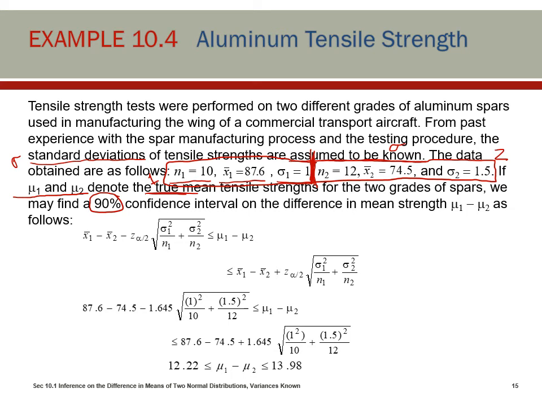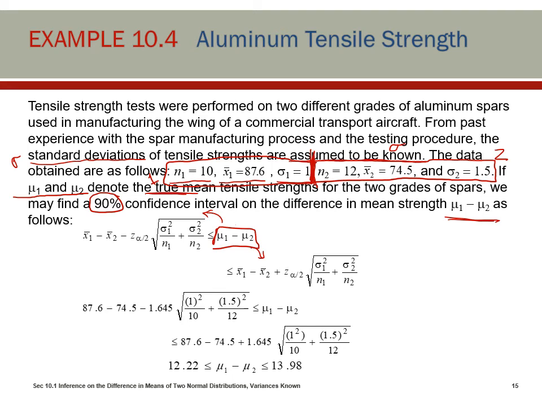So what's the difference between these two spar manufacturing processes? Mu1 minus mu2, and that is what is going to go in the center of this equation. The equation got too wide to fit on the page, so we've got half of it on the left, half of it below for the right, and mu1 minus mu2 in the middle.